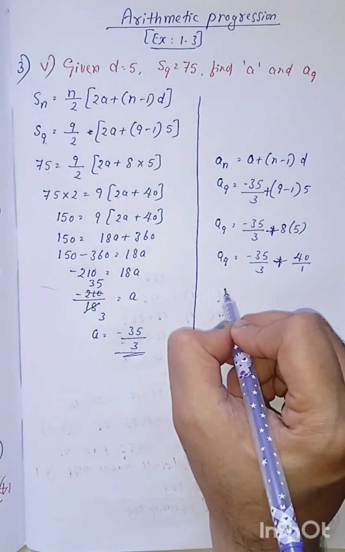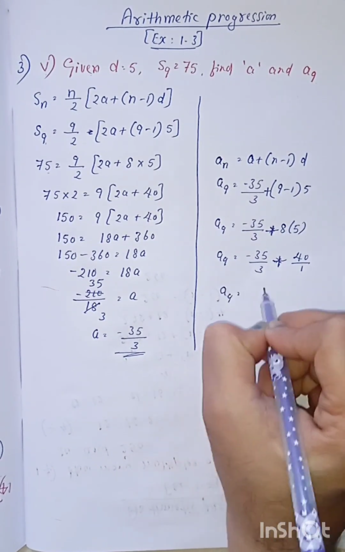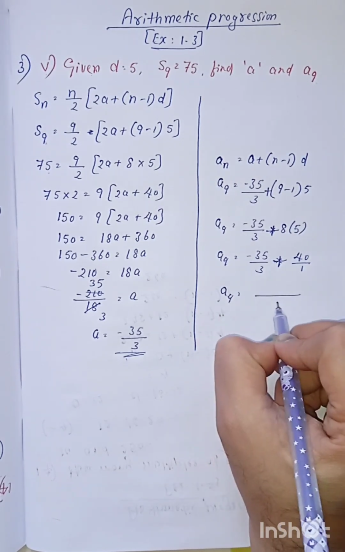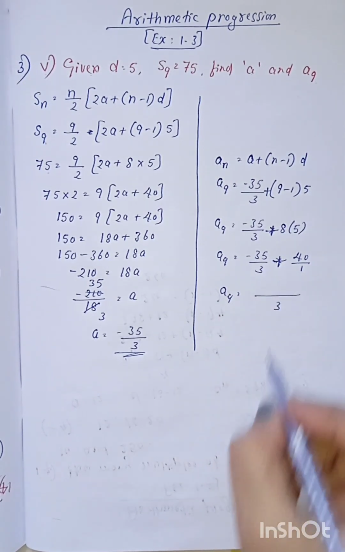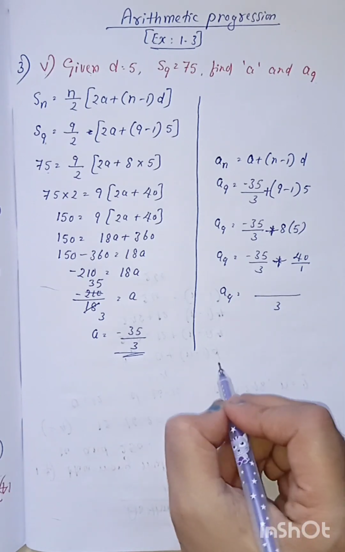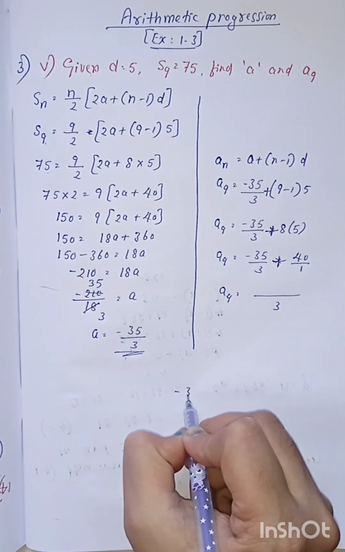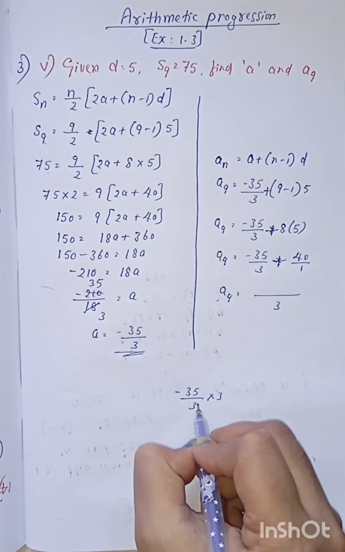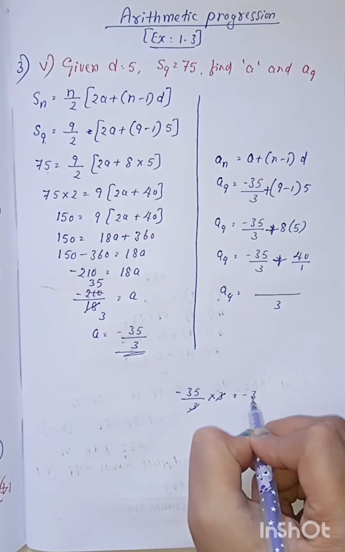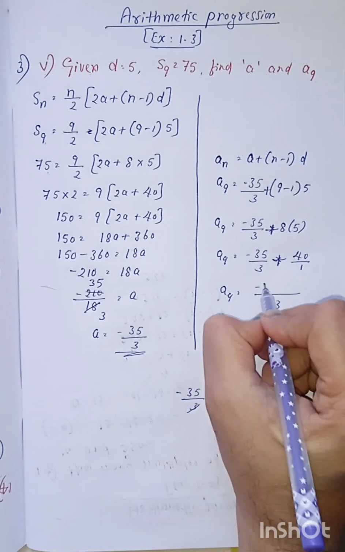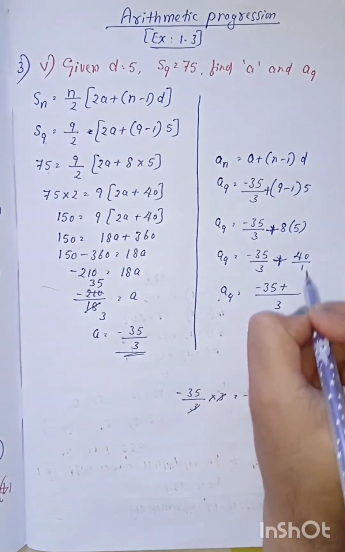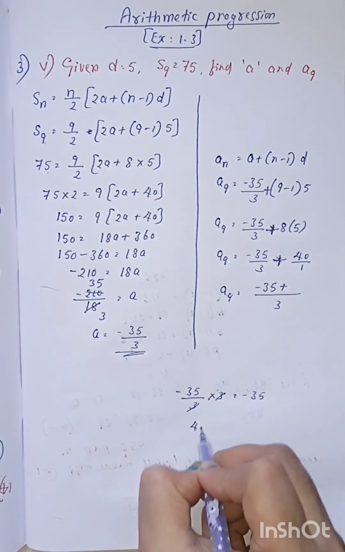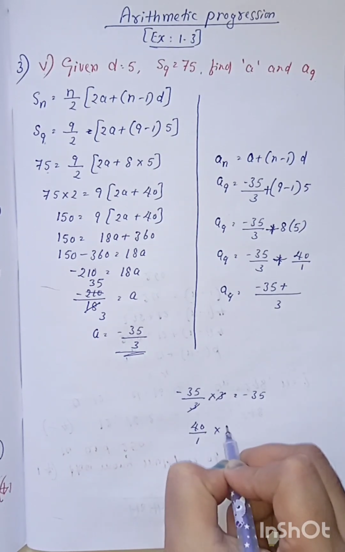Now take the LCM for 3 and 1, you will get 3. Now I will write the simplification answer here. Minus 35 by 3 into 3. 3 and 3 get cancelled, your answer is minus 35. I will write this here, plus now 40 by 1 into 3.